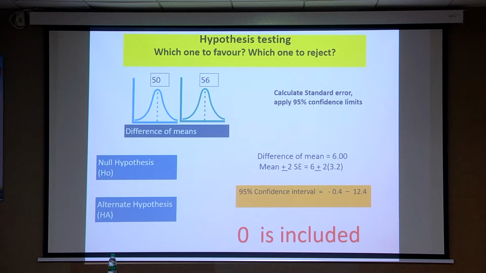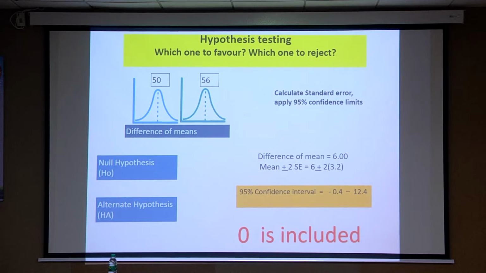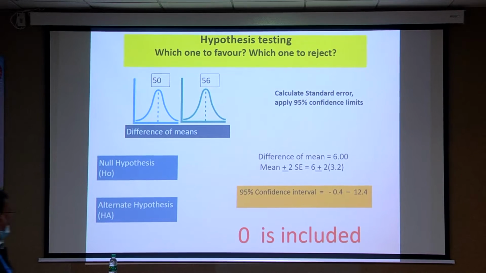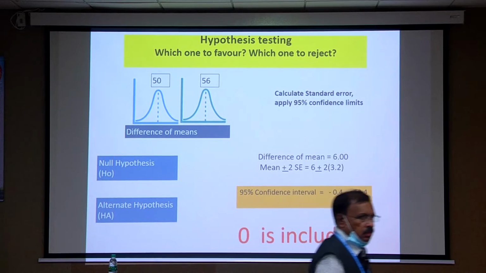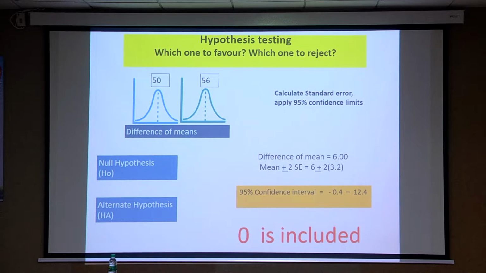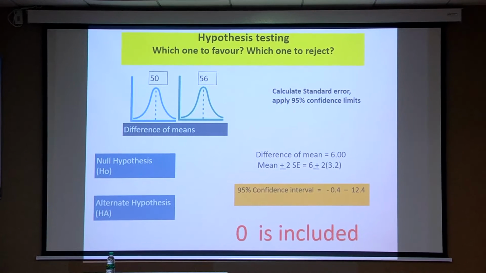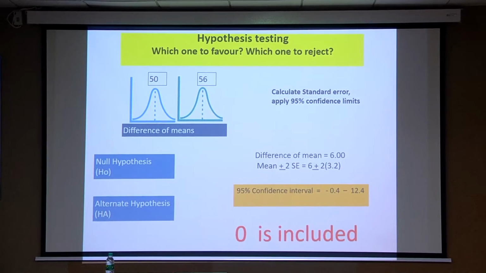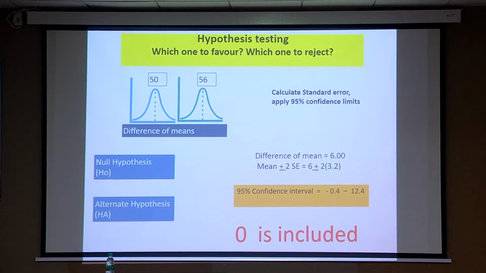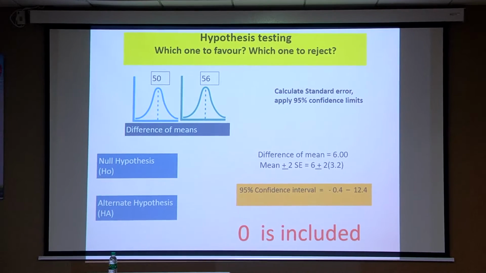The 95% confidence limit means mean plus or minus 2 standard errors. For example, we take a standard error of 3.2. Apply this 3.2 in the formula: 6 plus or minus 2 into 3.2. So we get a 95% confidence interval range of minus 0.4 to plus 12.4. Here the 0 is included. When the 95% confidence interval includes 0, it means the null hypothesis is accepted; both groups are from the same population. There is no difference between the two groups.